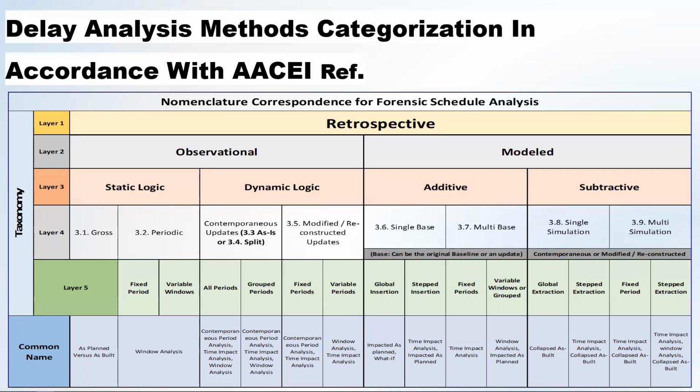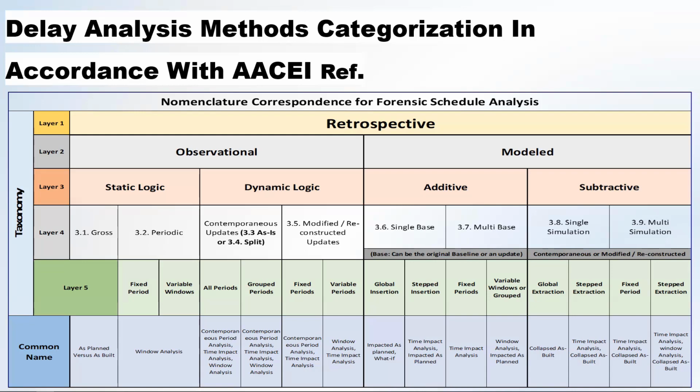In the static logic and the dynamic logic, we can go for layer number 4, from which came 3.1, 3.2. The 3 means we are coming from layer 3, and this is the first method under layer 3. 3.2 means we are coming from layer 3, the static logic, and this is the second method. 3.3, 3.4, 3.5, 3.6, 3.7, 3.8, 3.9. These are the 9 major methods under the Association for the Advancement of Cost Engineering.